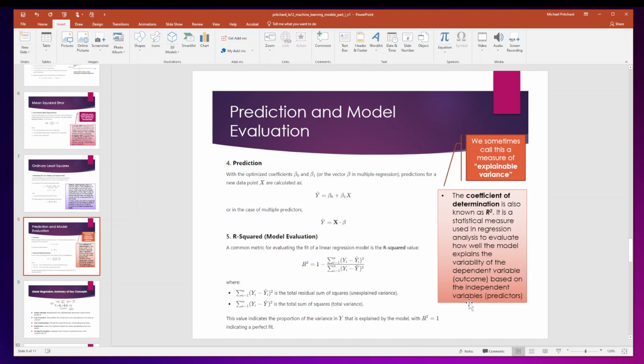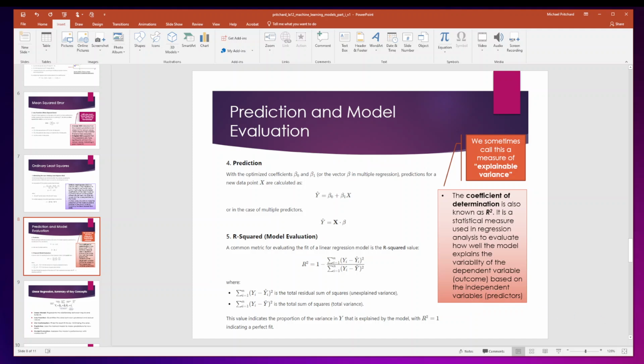But R square is one of your first go-tos, and you do want to take a look at that. MSE is going to be a good one as well as R square. After we've trained our model and we've got a good fit, we typically use this R square to measure the proportion of the variance in the dependent variable that is explained by the independent variable.